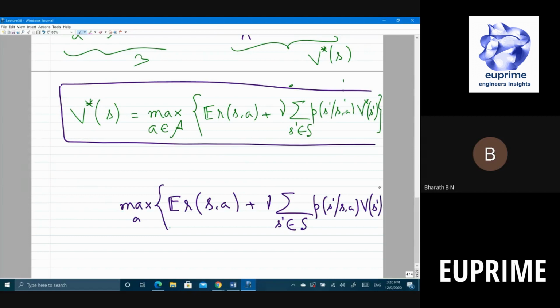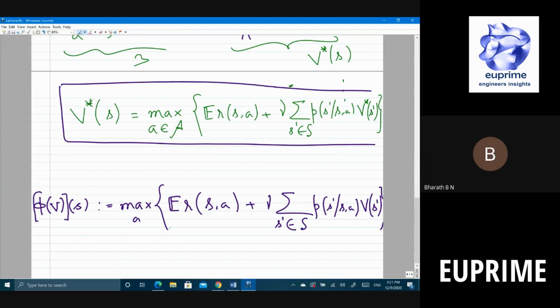I'll define this function as follows. For a fixed S, I'll write this as phi of V. This is basically notation, so don't get confused with the whole thing. Given a state and a value V, phi is this map.